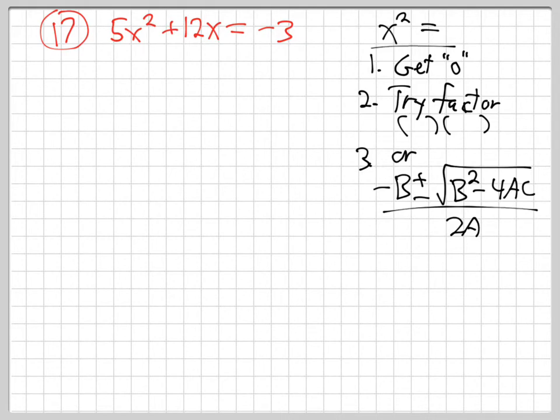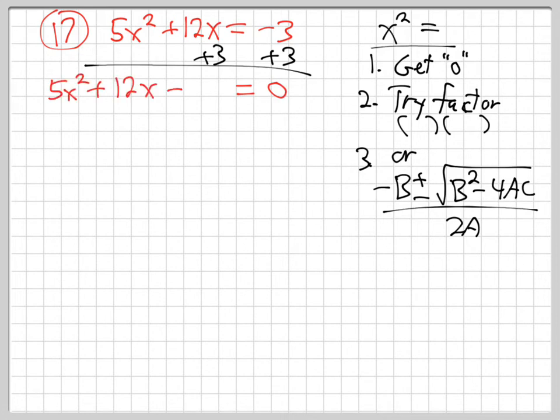All right, so step number 1, add that 3, because we have to make the right side become 0. So we get 5x squared plus 12x plus 3 equals 0. This is A, B, C. I'm going to dive right into the quad. A is 5, B is 12, C is 3.